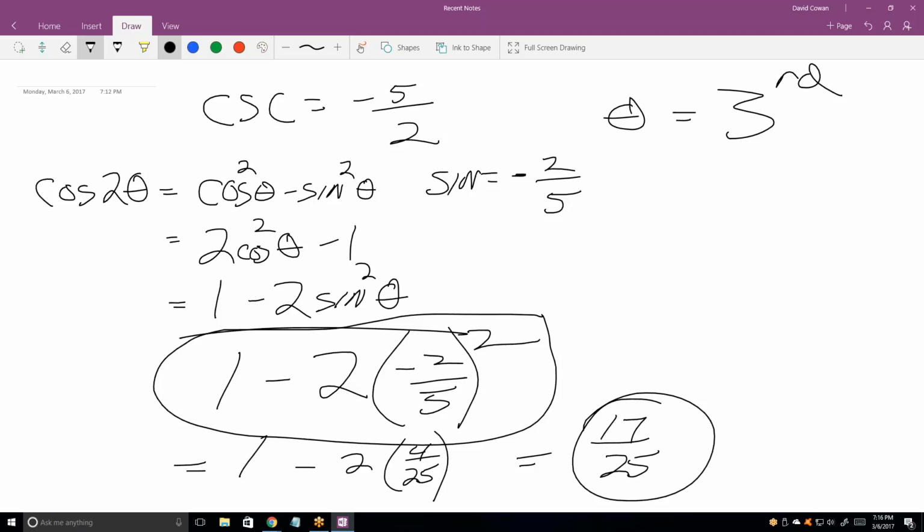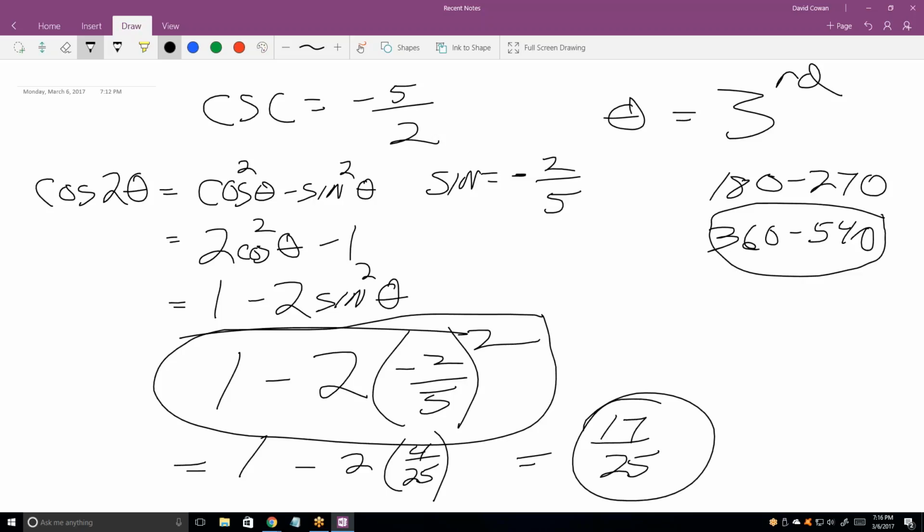Third quadrant means from 180 to 270. Well, if we multiply that by 2, we're going to be from 360 to 540. That could be first or second quadrant. We don't know. But the answer tells us it's first quadrant.